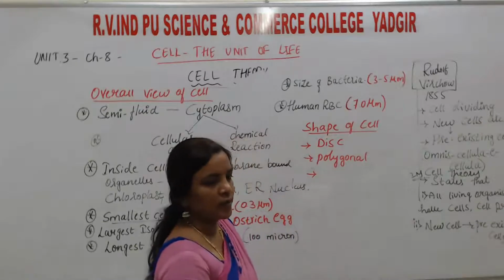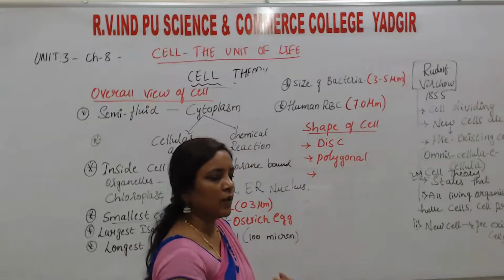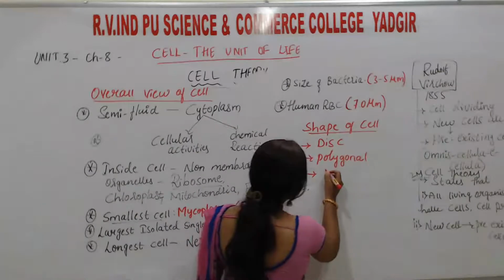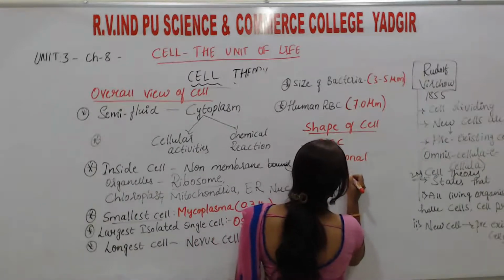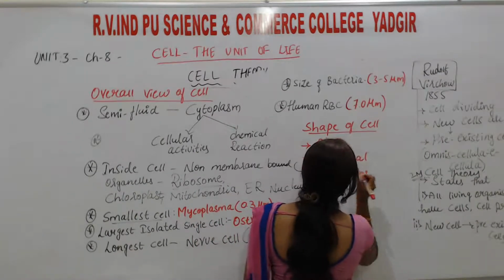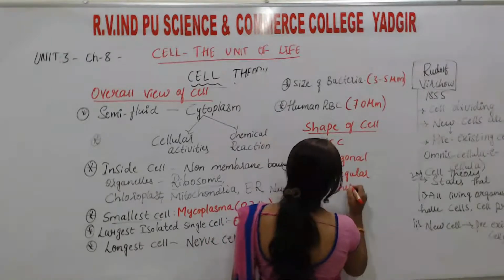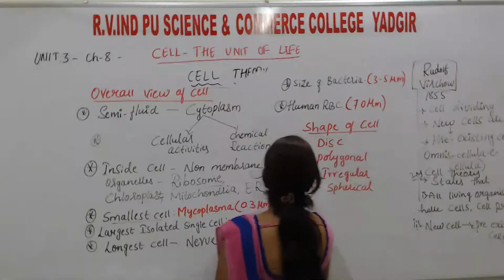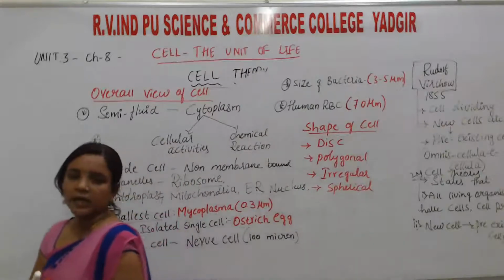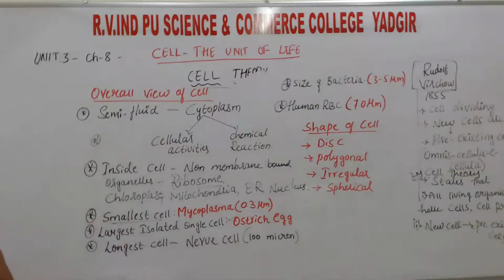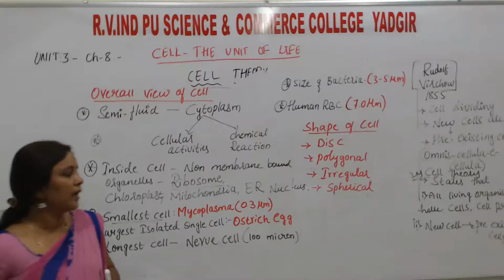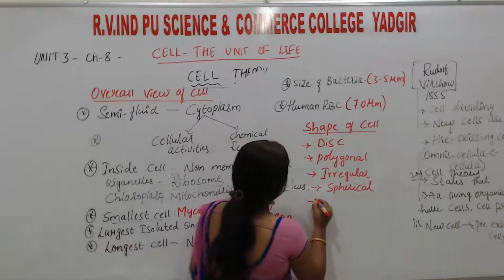Some cells are polygonal, some are irregular, some cells are spherical. It means the shape of the cell will change. They can be polygonal or even cuboidal or columnar, spherical, irregular.